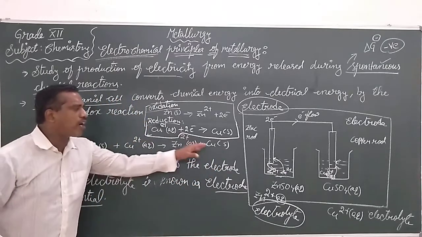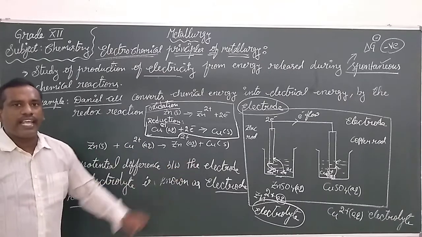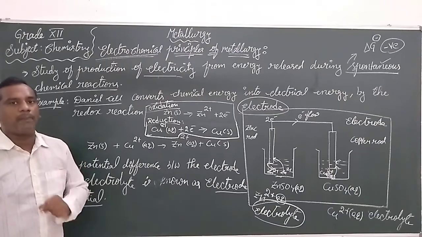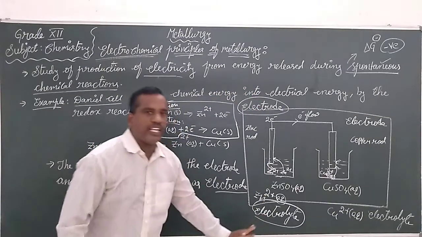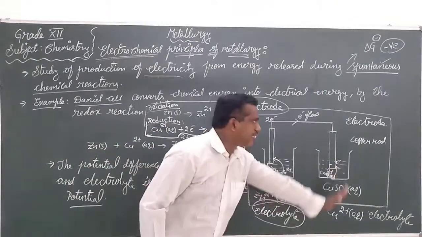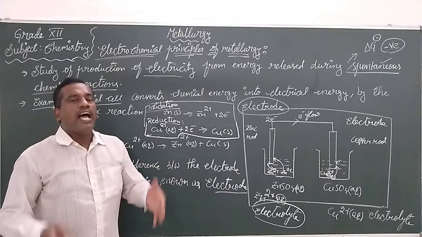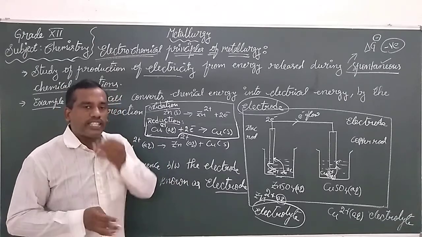This is the overall reaction here. But in this chemical reaction, what is happening? One side it is undergoing oxidation, another side it is undergoing reduction. It is called the redox reaction. What is it called? The redox reaction.